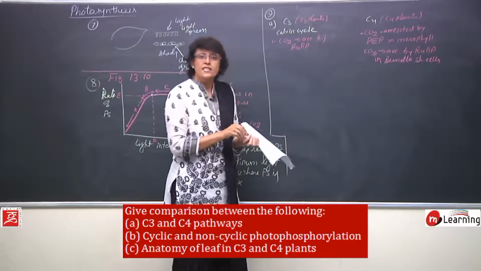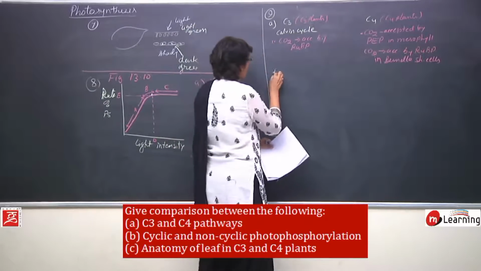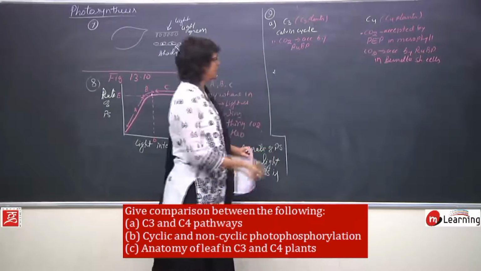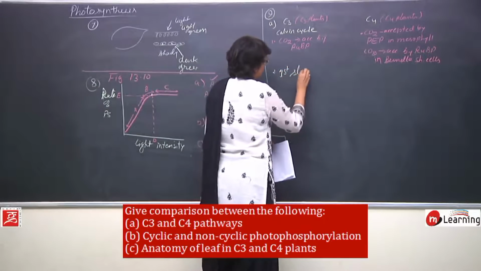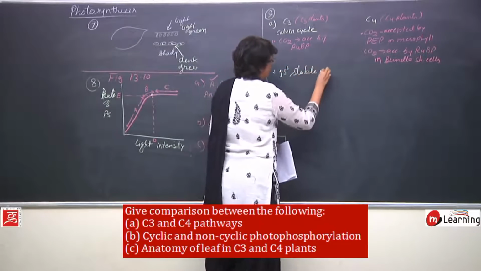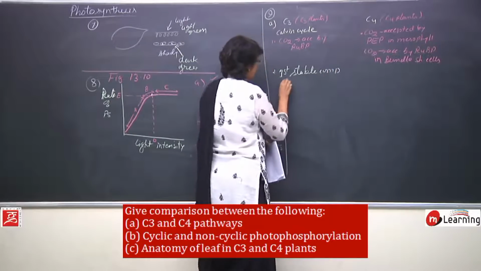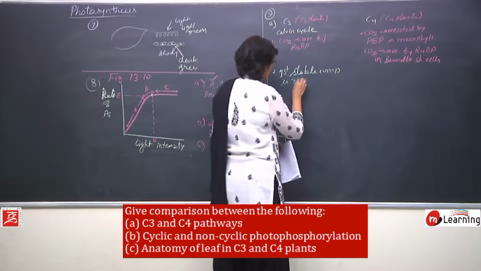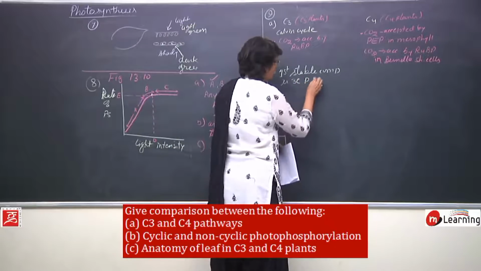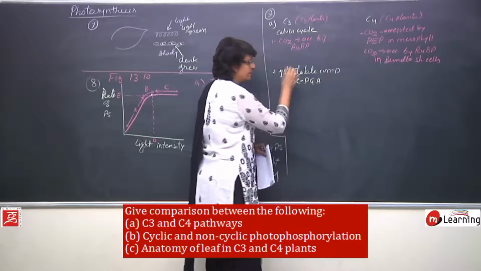The first stable compound that is formed is a 3-carbon compound, that is phosphoglyceric acid.